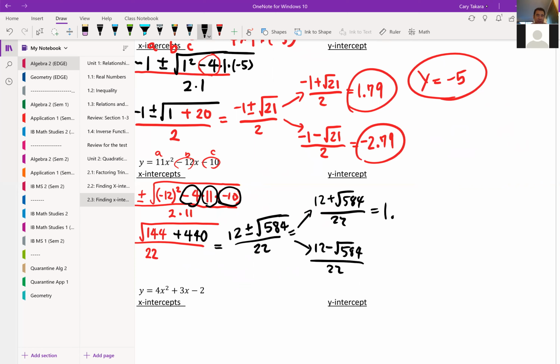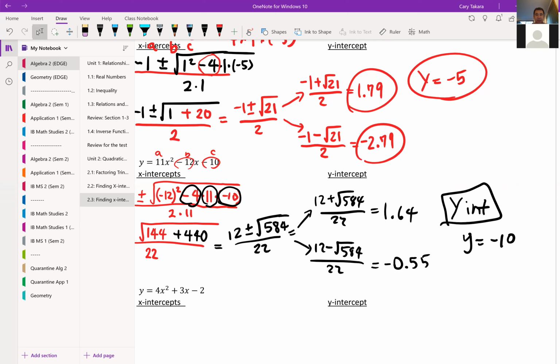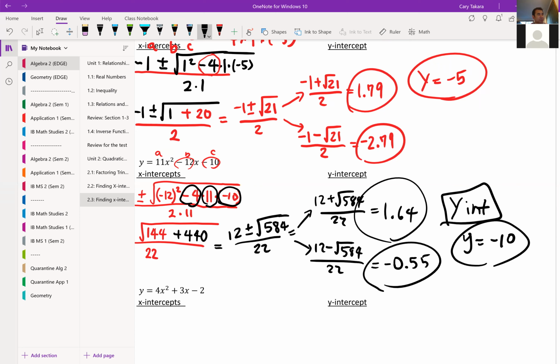It's 1.64. This one is negative 0.55. Yeah, very good. And then the y-intercept is y equals negative 10. So these are the x-intercepts, and this is the y-intercept.